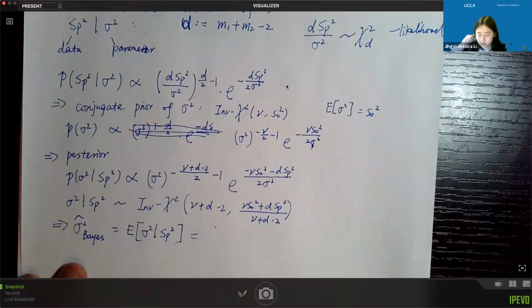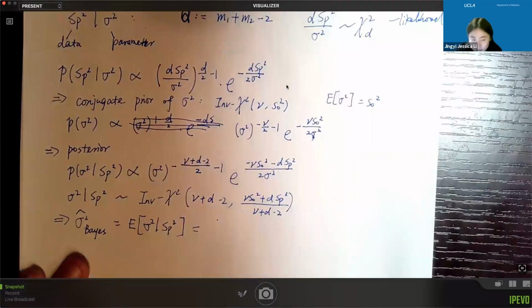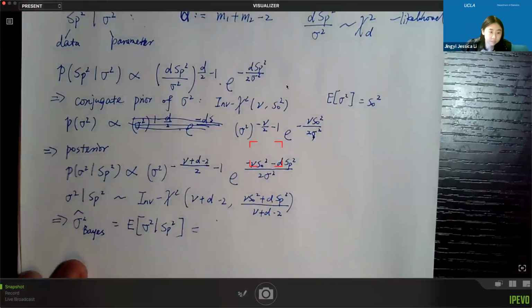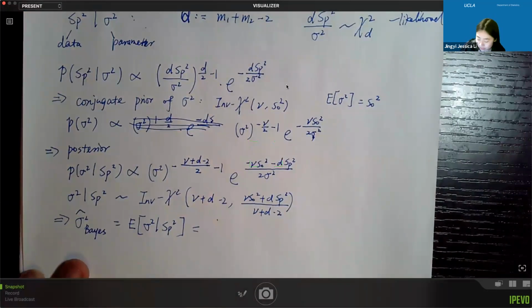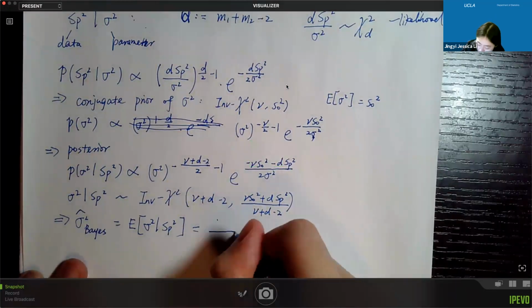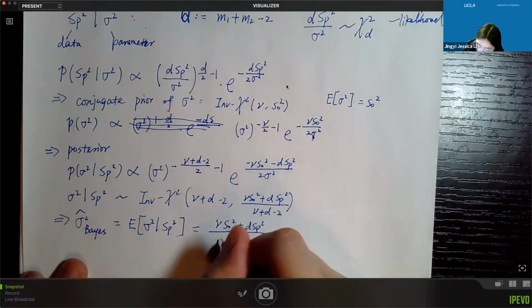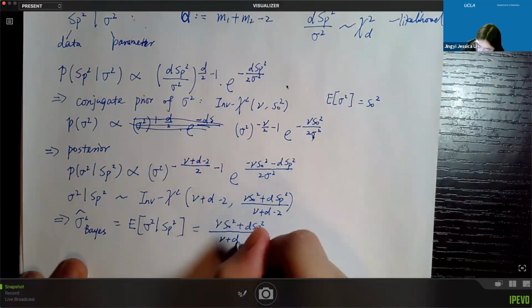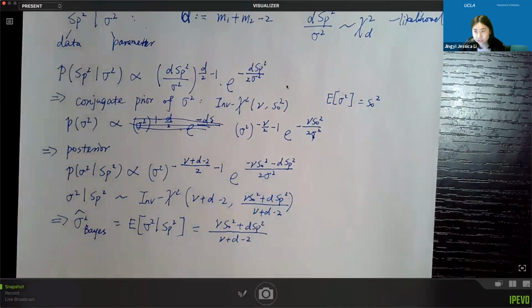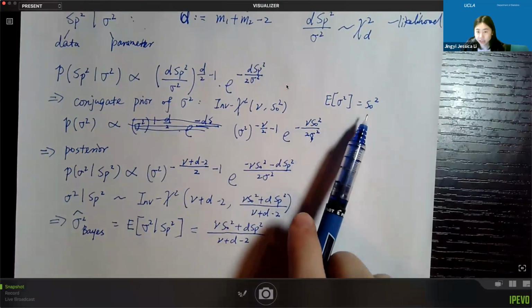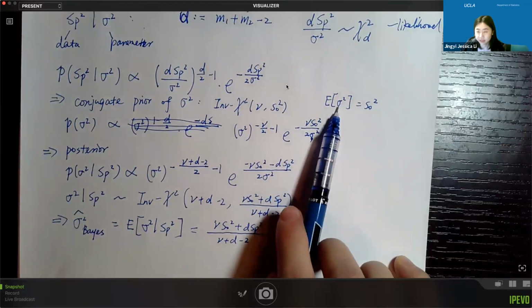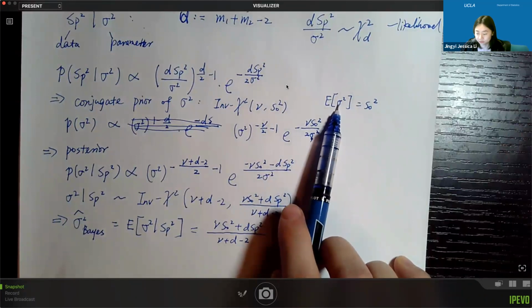Okay, so in the Bayes estimator case, we have it as (nu S0 squared plus d SP squared) over (nu plus d minus 2). And now you can see why it is a weighted sum of prior and our data. This prior means this is what we believe sigma squared is going to take on average, our prior belief, S0 squared.